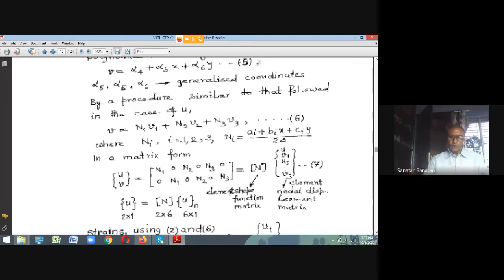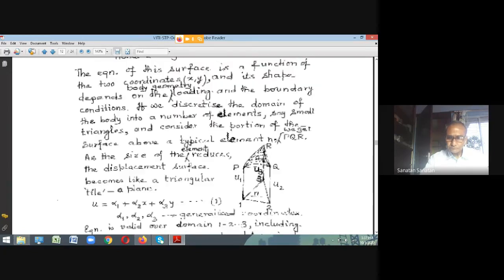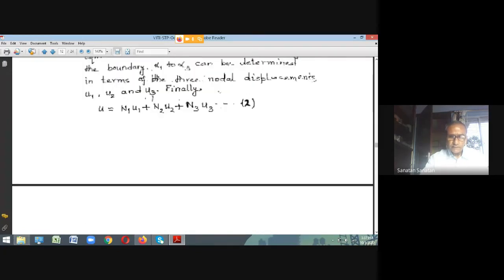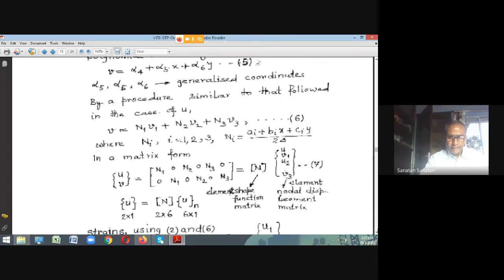Finally, combining the relations we have got, relation 2 and relation 6, it will look like this.